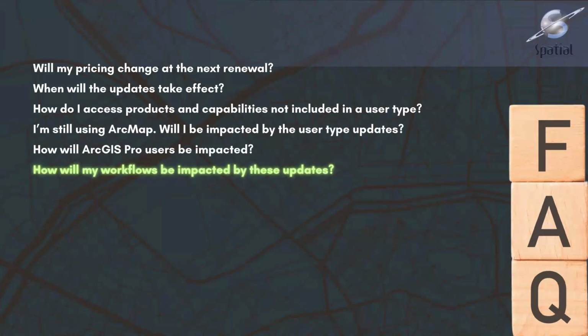Many of the workflows will be enhanced because you will have access to tools that were not previously included in your licensing. If you remember, we were talking about ArcGIS GeoBIM, City Engine, and some other imagery management tools. These tools and products will now be included as a part of your package. So your workflows should become easier.